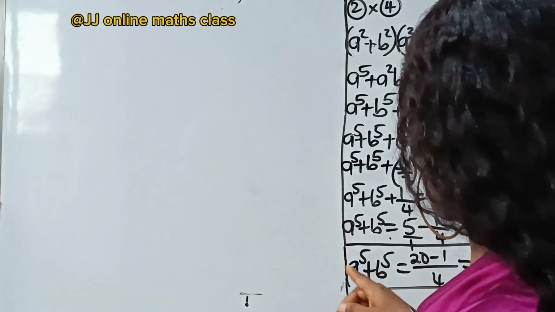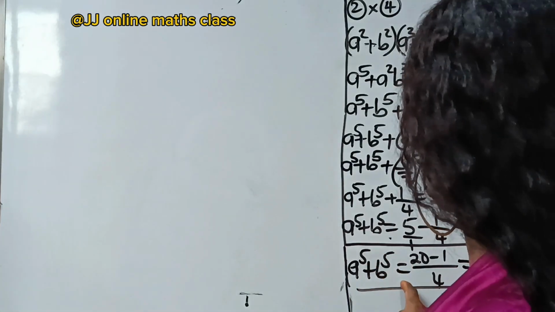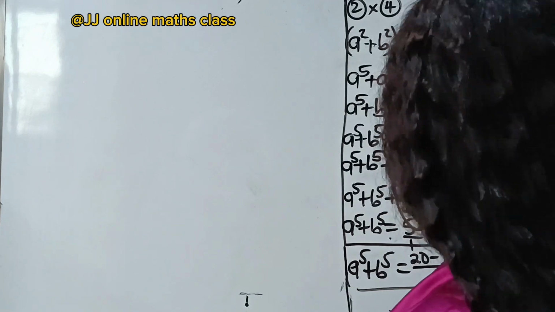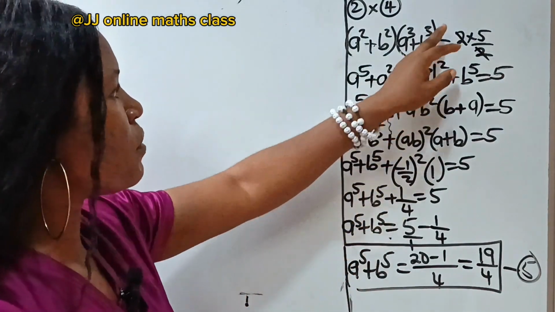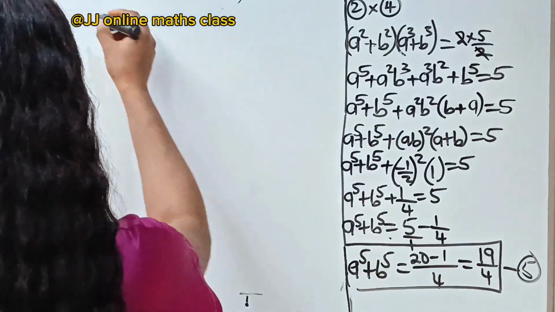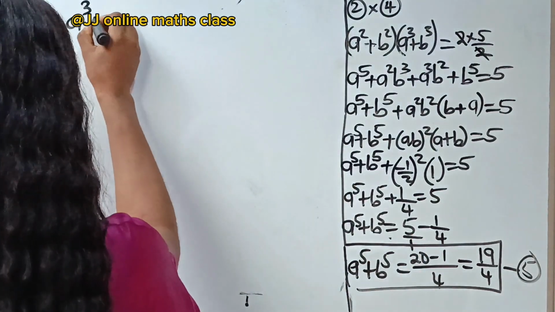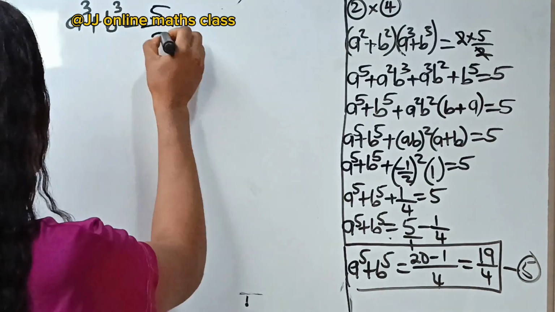Okay, so we have gotten a to the power of 5 plus b to the power of 5 to be equal to what? 19 over 4. Now, our a to the power of 3 plus b to the power of 3. Sorry, I cleaned it. Remember that a to the power of 3 plus b to the power of 3 is equal to 5 over 2.